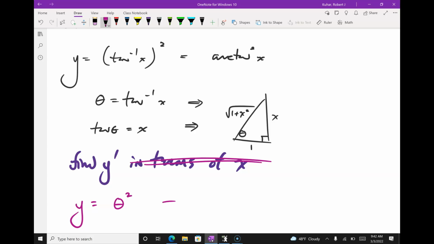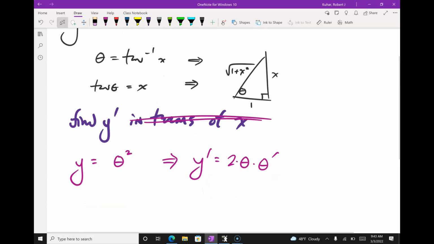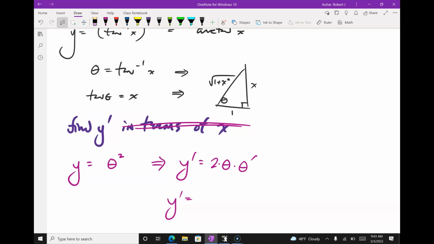So what do I get for my derivative? 2 times theta times theta prime, right? Well, what's theta? It's the inverse tan.